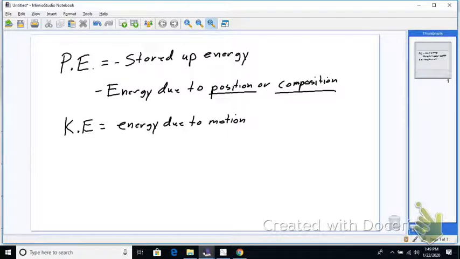Okay, a lot of times we can calculate kinetic energy if we know the mass of it and its velocity, and so 1/2 mv squared is kinetic energy. So how fast it's moving and how much it weighs, and that's going to give us an indication of the kinetic energy.